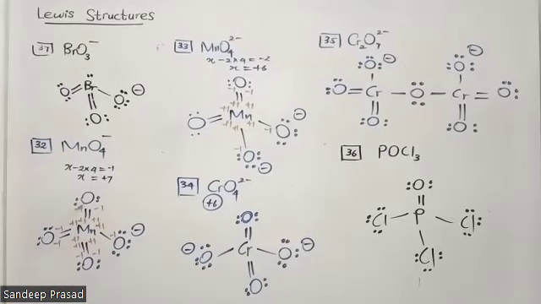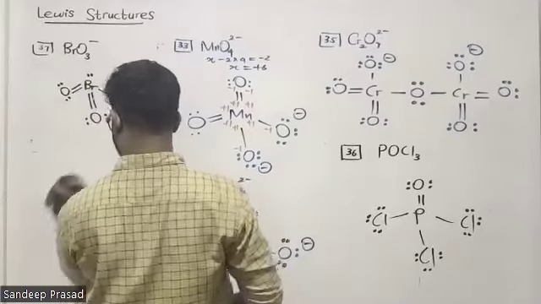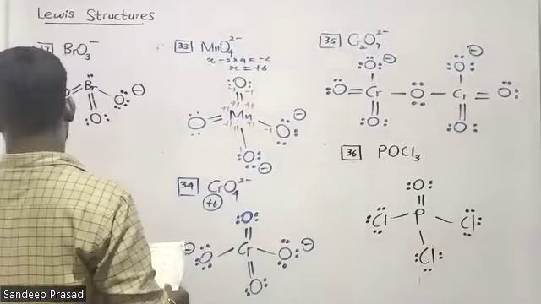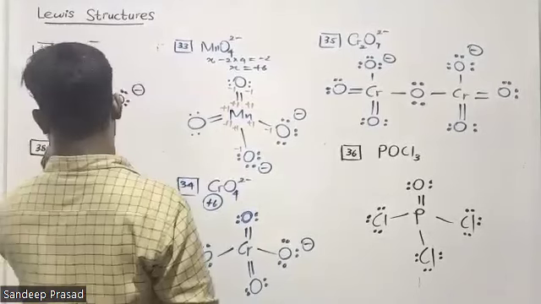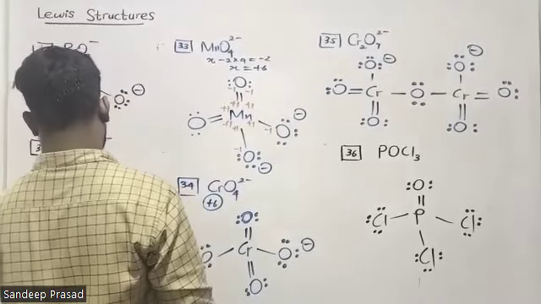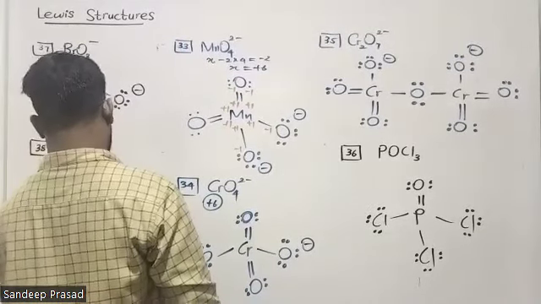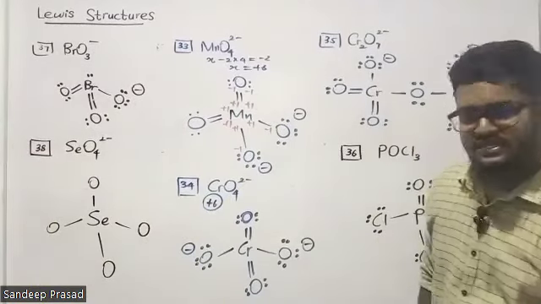Next one, selenate, SeO4 2 minus. Can you remember selenate is group number 16, like oxygen, sulfur. Actually, when I look at selenate, I can remember sulfate. Sulfate is also the same thing. Anyhow, 2 minus charges are there.